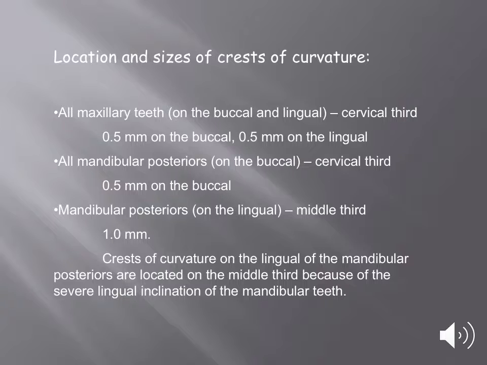The size of the curvature can be just slight, like 0.5 millimeter on the buccal and 0.5 millimeter on the lingual, but that will be enough to deflect a bolus of food away from the gingival attachment, thus protecting it from recession or from getting stripped.